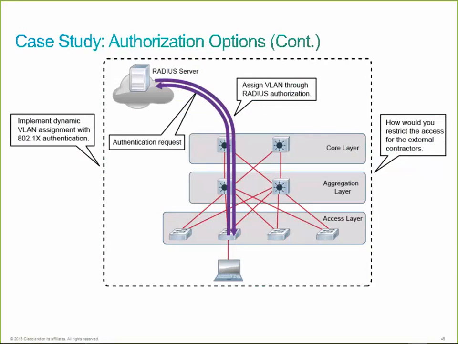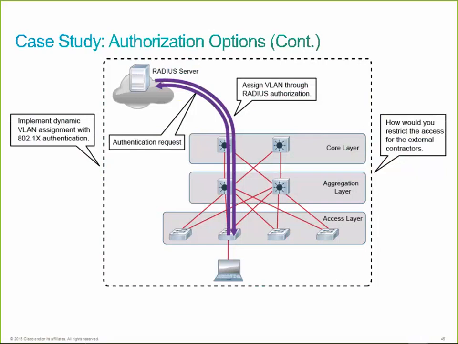With that VLAN assignment, the authentication server can associate a VLAN with a particular user, with a group. It can instruct the switch to dynamically assign that authenticated user to that particular VLAN, which gives us stronger access control. It gives us, well, much more automation.